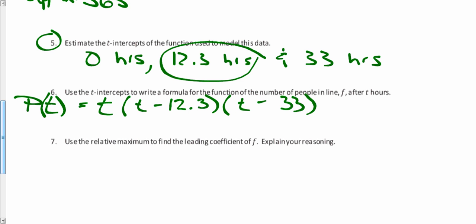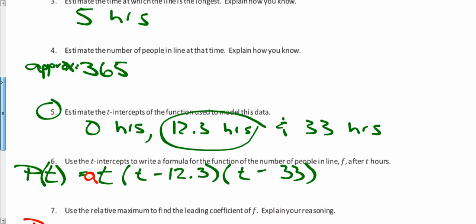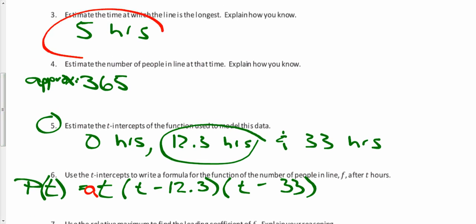So, I'm going to put a coefficient, I'm going to call it A, in front of that whole thing. This A will tell me how high that thing goes. So now I got P of, remember, at 5 hours, we had 365 people.